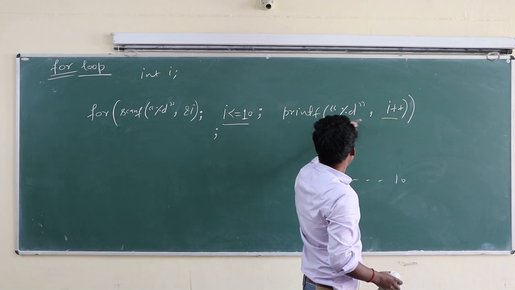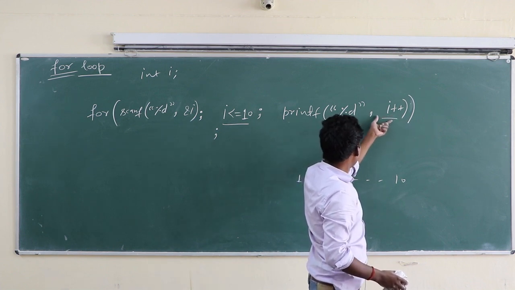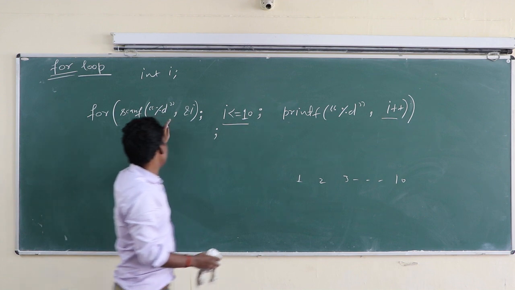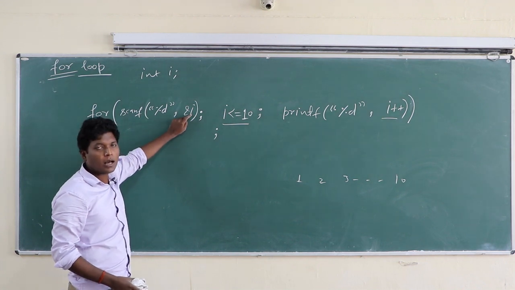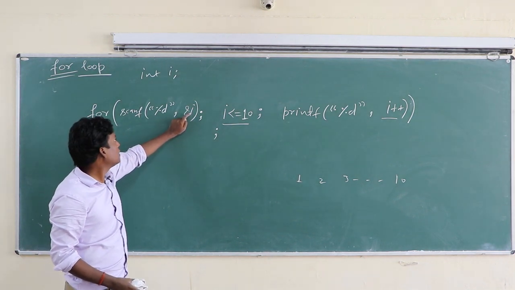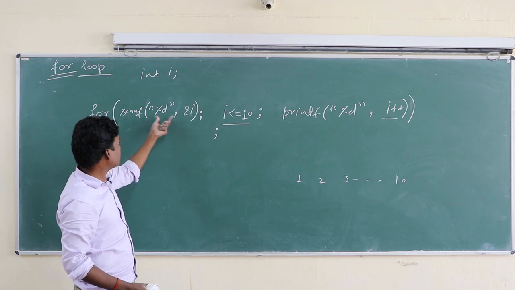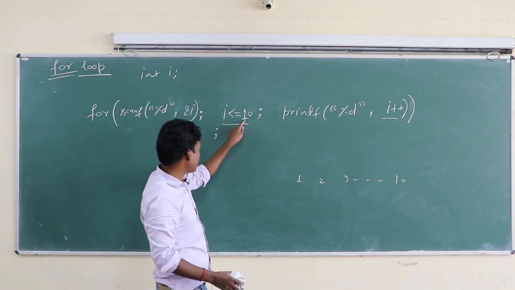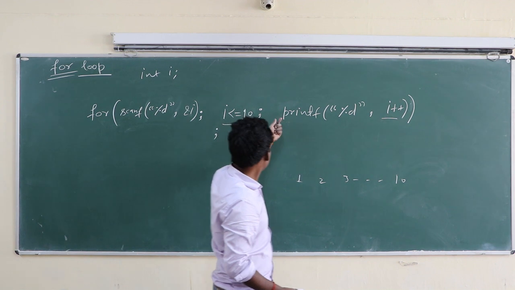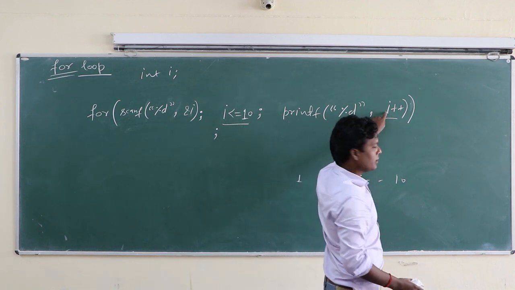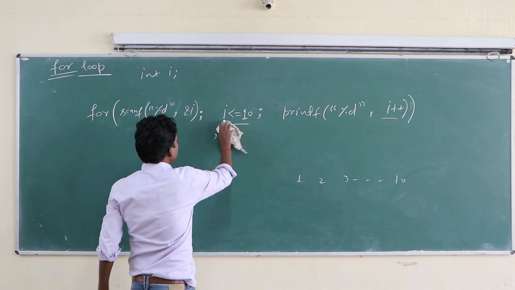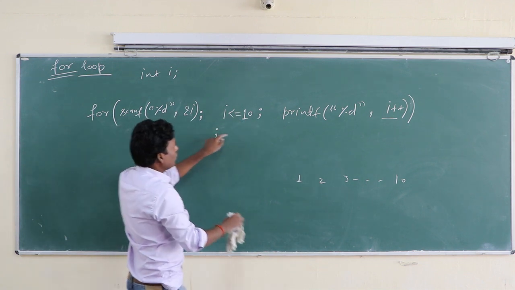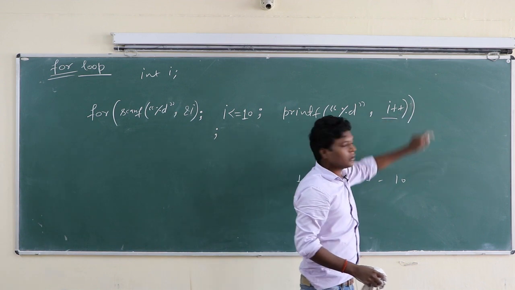But here printf and increment are both done at the same place. Here i is given its value through the keyboard. Scanf %d and &i semicolon, i is less than or equal to 10, testing is here, and printf %d i, then i plus plus, and this semicolon is necessary. This semicolon is related to this printf.